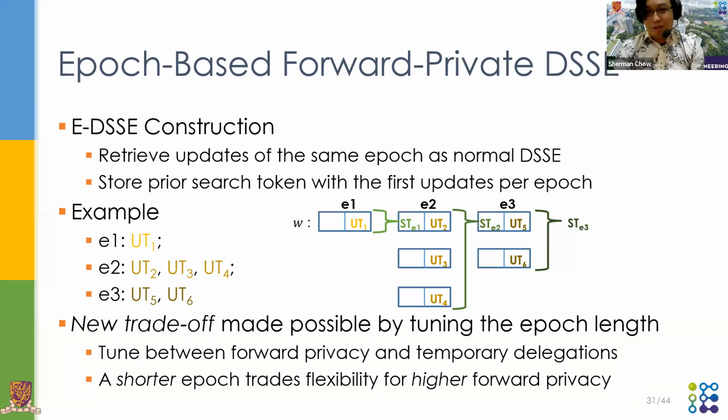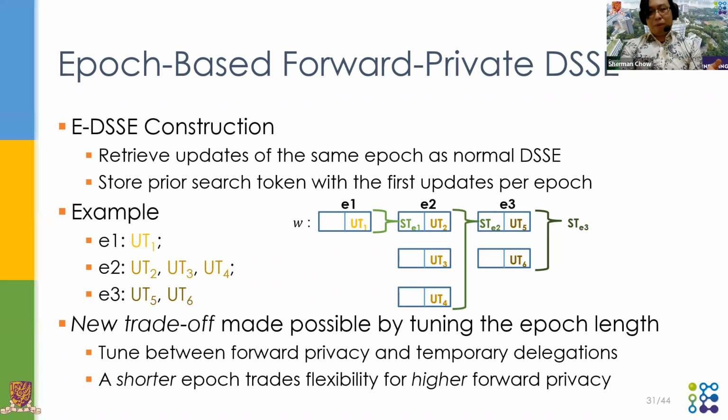Okay, so I am just talking about the general idea of the epoch. If you want to generalize, you will discover there's another tunable parameter. If you consider an infinitely small epoch, that is just our regular definition, and then we have the regular notion of forward privacy.